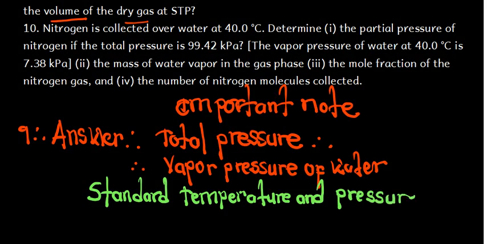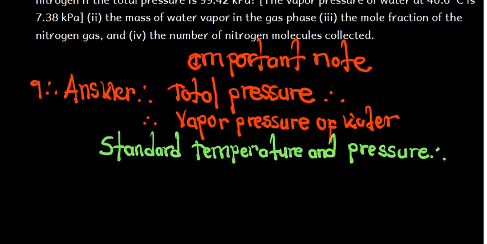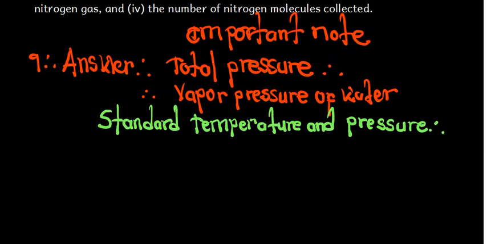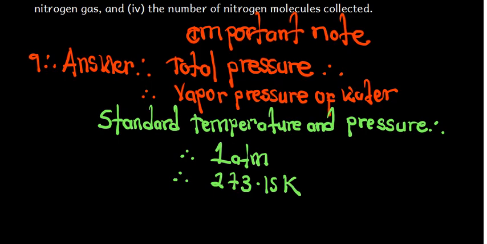Okay, and when we're talking about STP, which is standard temperature and pressure, we're talking of a pressure of 1 atm, which is standard. It is 1 atm at a temperature of what? The standard temperature here is 273.15 K. So that is how you basically understand STP, which is standard temperature and pressure, at a pressure of 1 atm and a temperature of 273.15 K.